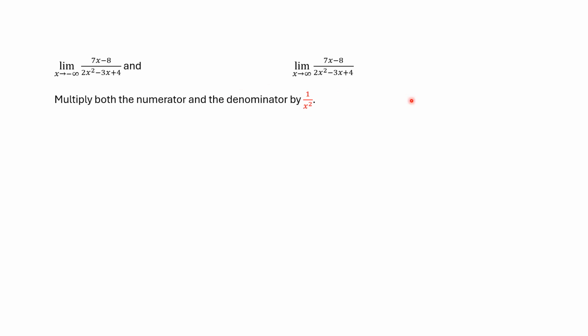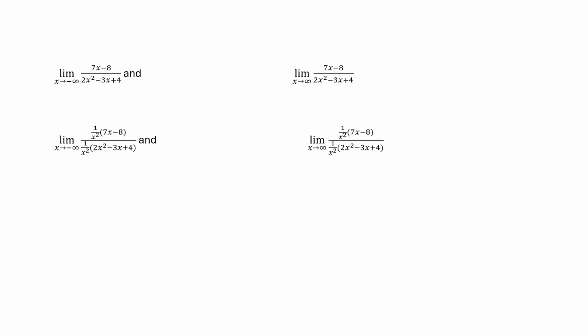We're going to multiply by 1 over x squared over 1 over x squared. When I bring this through, I'm going to end up with 0 across the numerator and a 2 in the denominator.